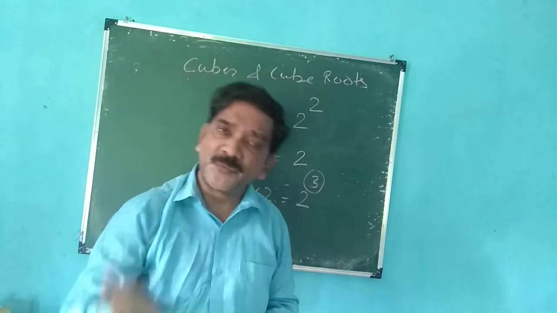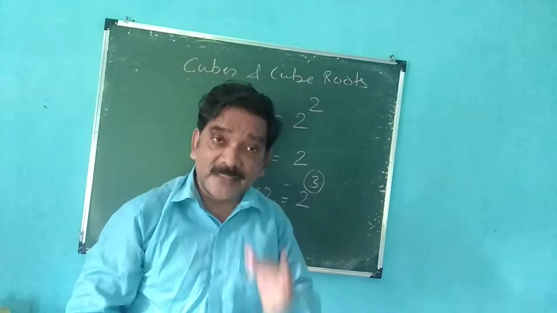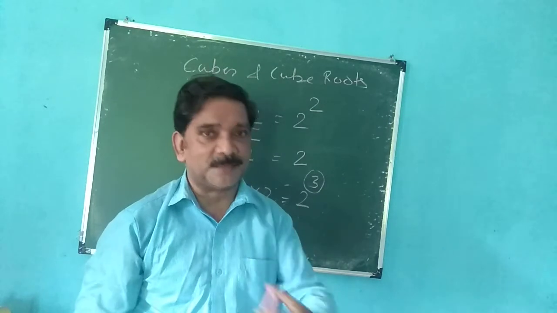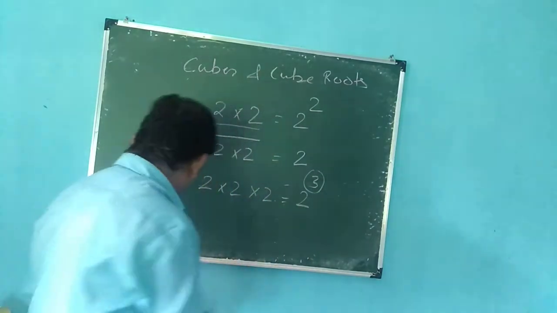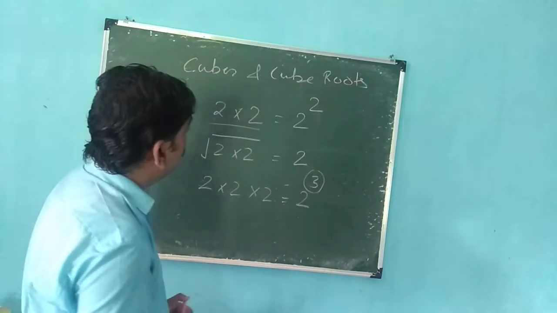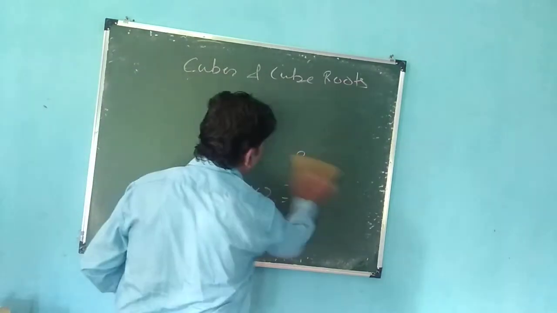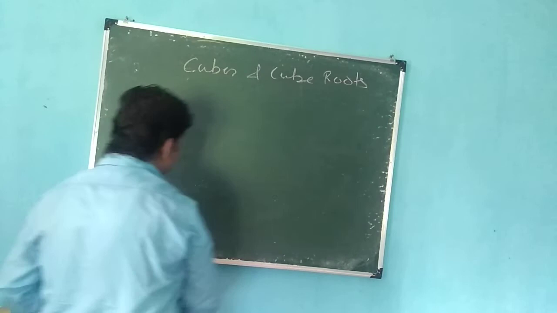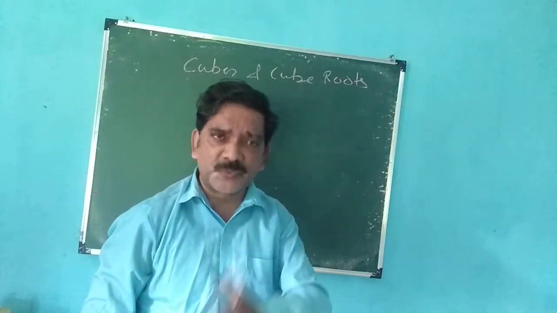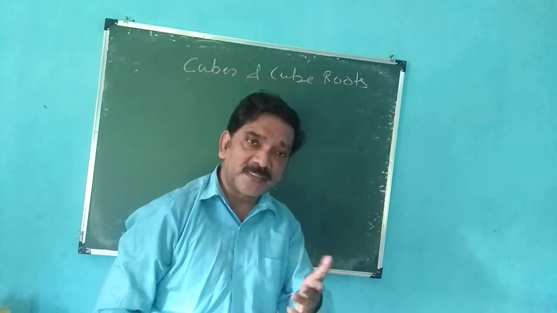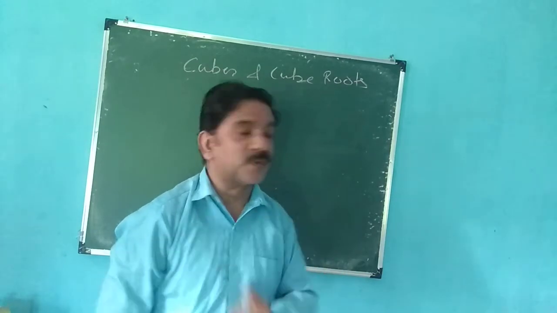Cube is nothing but when we multiply the same number with itself 3 times. Correct? That is called cube. The things are almost the same in cubes and squares. The only difference is that cube means 3 times, square means 2 times.